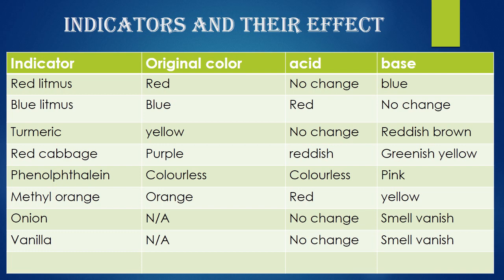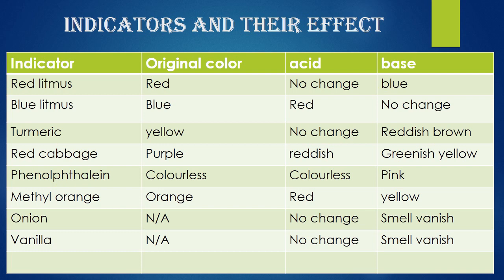Turmeric, the original color is yellow, but when added to acid there is no change, and when added to base it becomes reddish brown. Red cabbage, the original color is purple. When added to acid it becomes reddish in color, and when added to base it becomes greenish yellow.